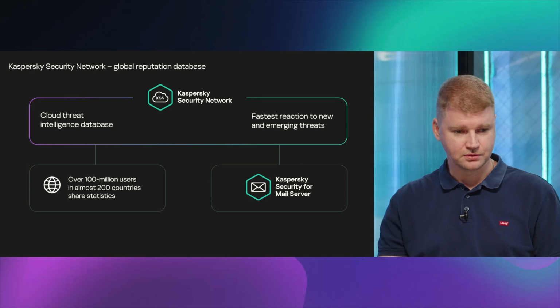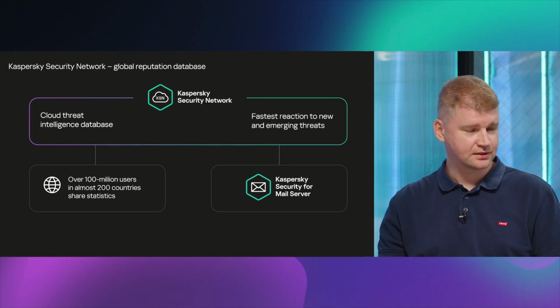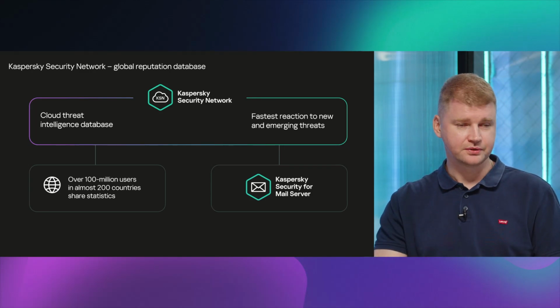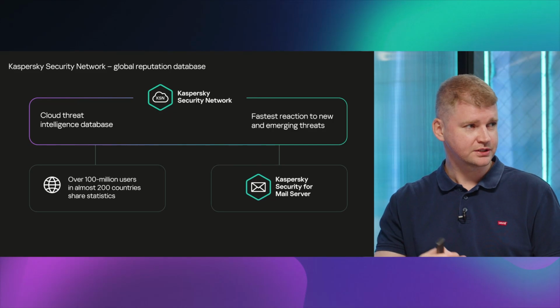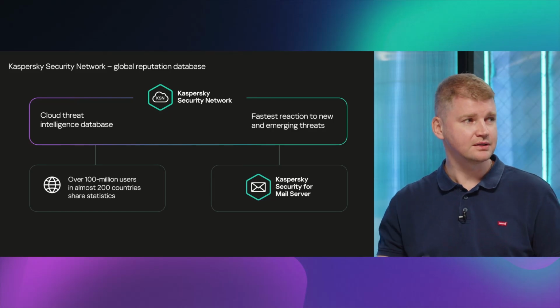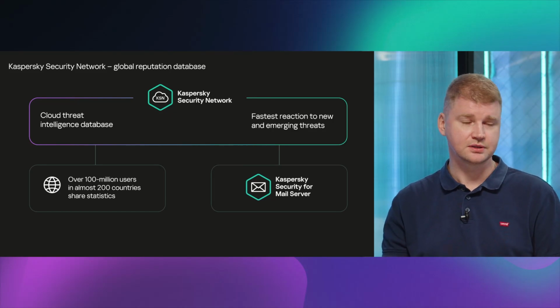That's right. So all this intelligence data for our products, such as IP addresses, URLs, file hashes, and so on and so forth, are available to our products. So it's millions and millions of these reputation records.